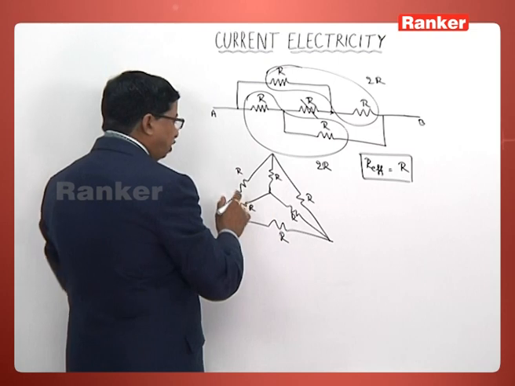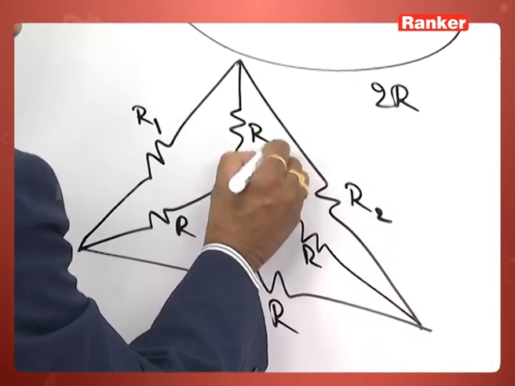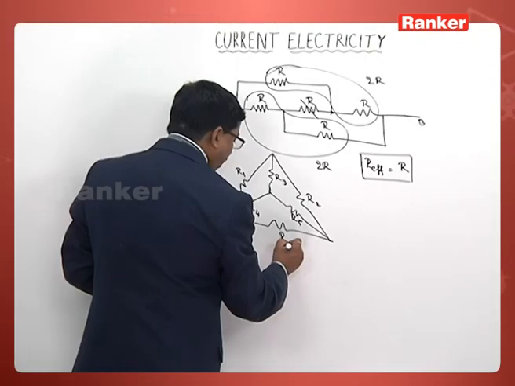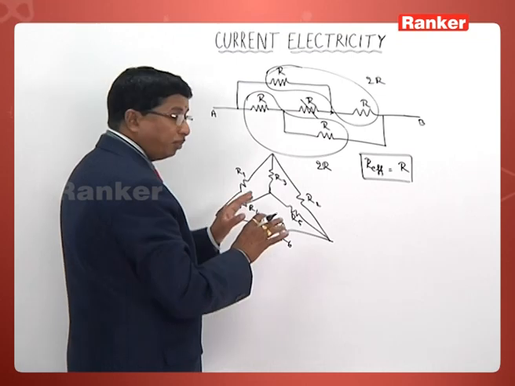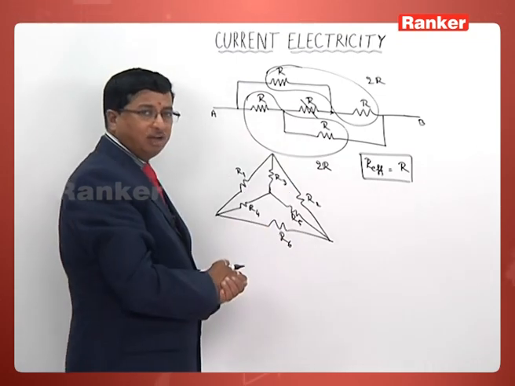Suppose they are different by any chance: this is R1, this is R2, this is R3, this is R4, this is R5 and this one is R6. If they are all the same, we can directly understand.